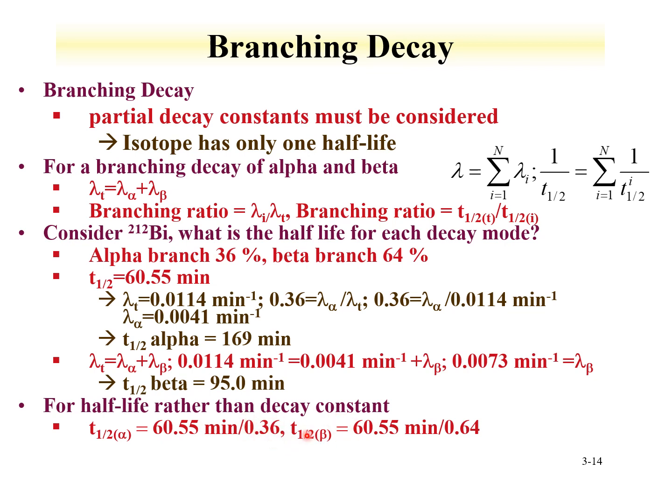Same thing for the beta: total half-life divided by the branching ratio. So in this way, if you're given a total half-life and a partial decay constant or partial half-life, you could calculate the branching ratio, or you can calculate the decay constants and the half-lives from the branching ratio.